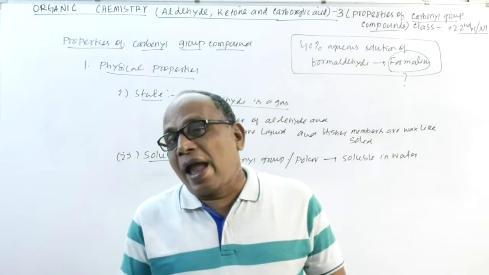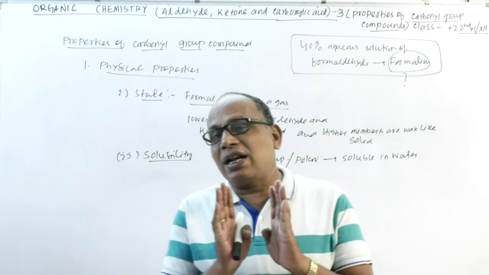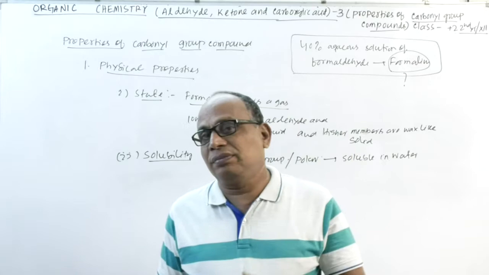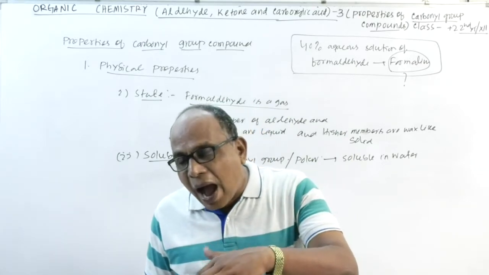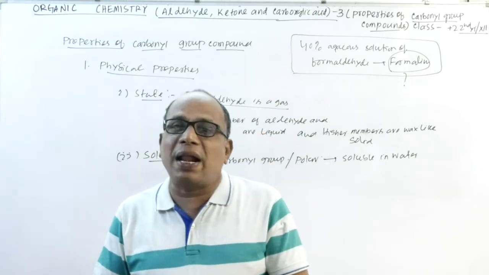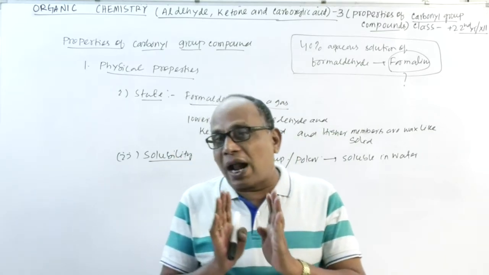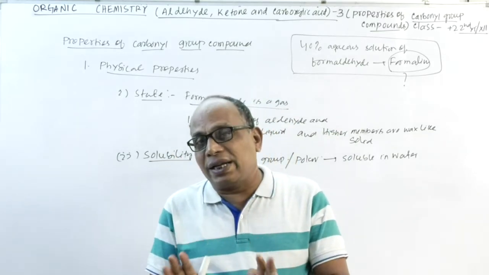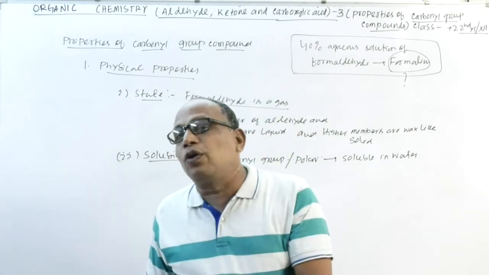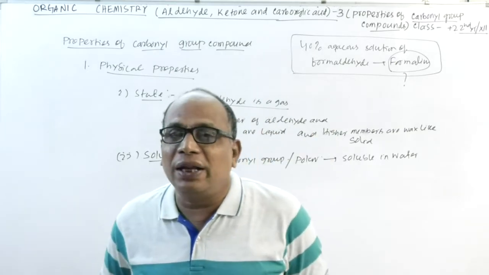So, as the aldehyde and ketone are polar in nature, that's why the lower member aldehydes and ketones are soluble in water. And the higher members, which contain more and more bulky alkyl groups, the solubility of these aldehydes and ketones gradually decreases, because the hydrophobic group is heading towards the water molecule.